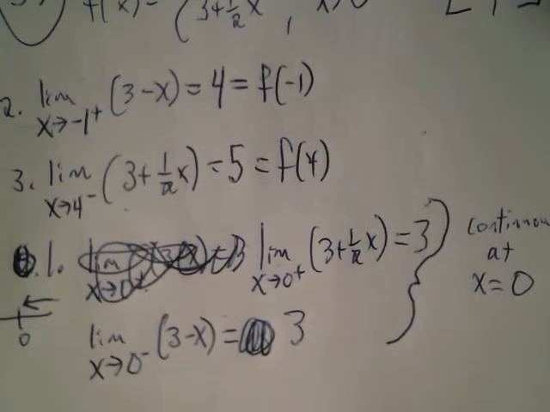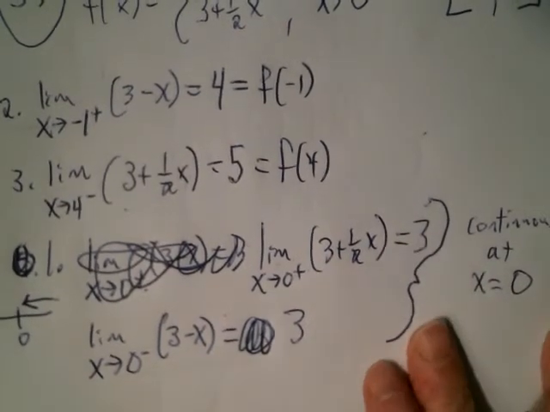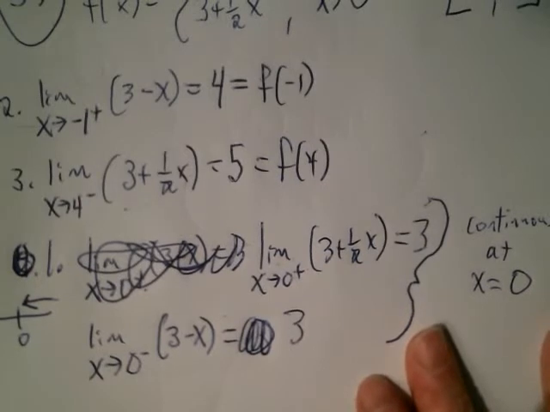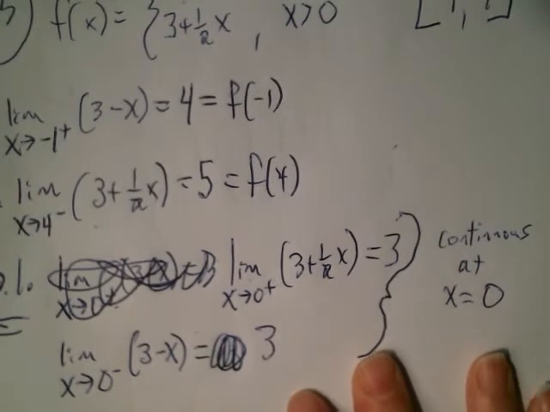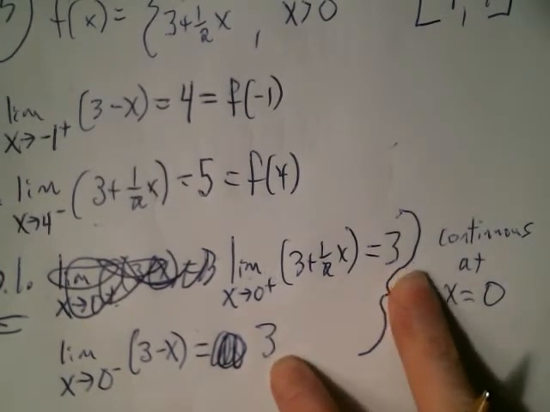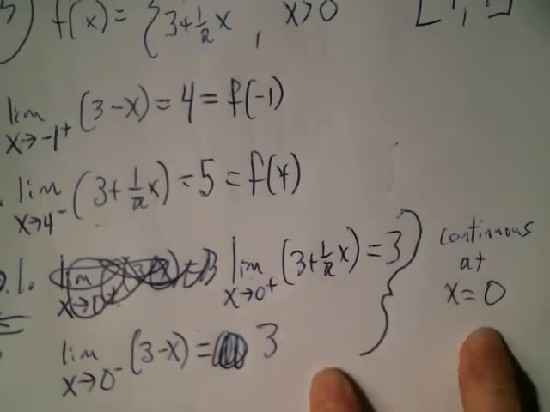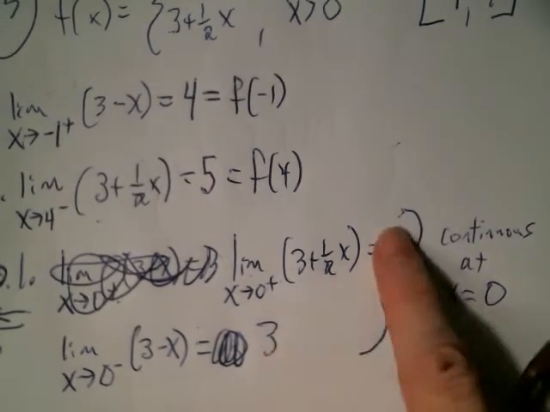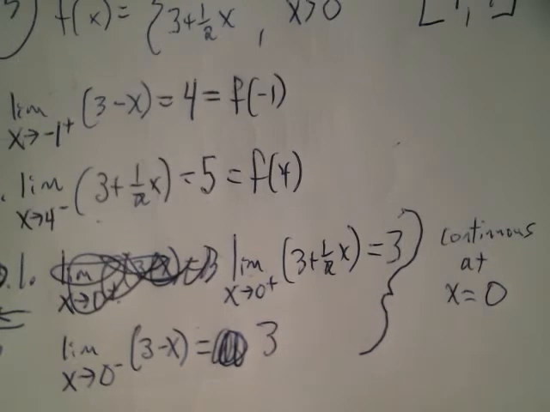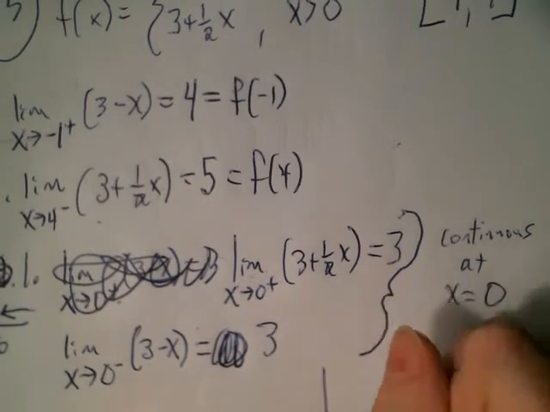Sorry, so this doesn't necessarily imply that the function is continuous at 0, but because 3 is f of 0, then now I can conclusively say it is continuous. The fact that the limits are the same just means that the limit exists at that particular point.